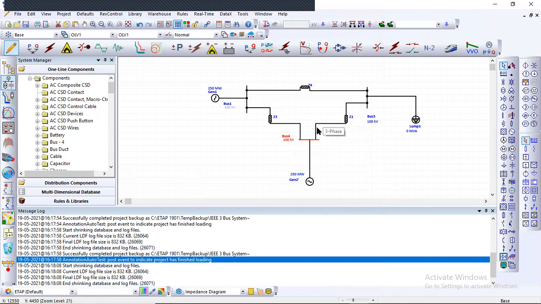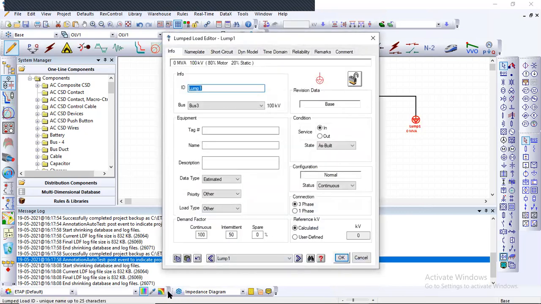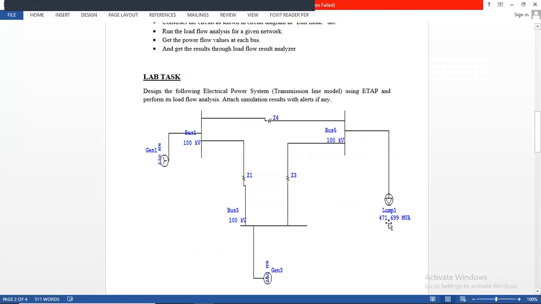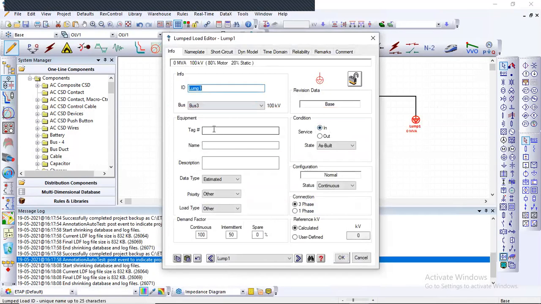After that, we need to provide the data of the lump load. That would be 472 MVA.